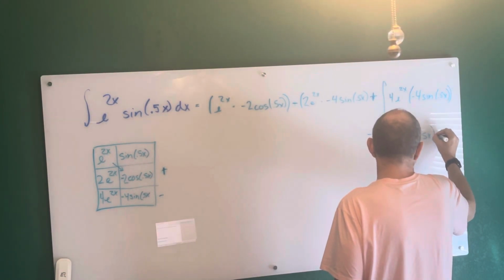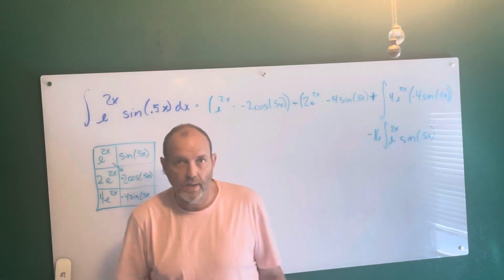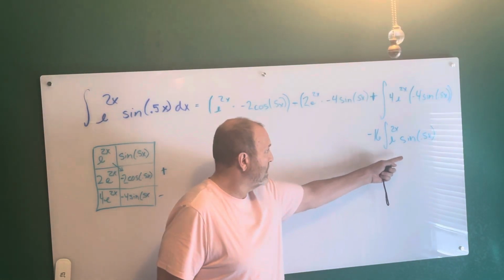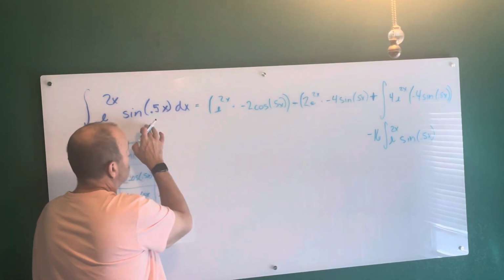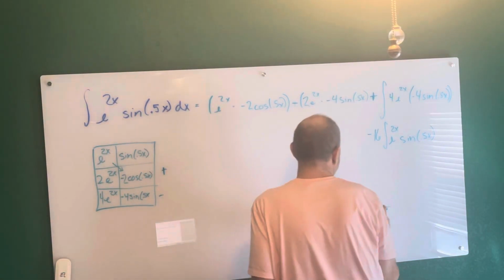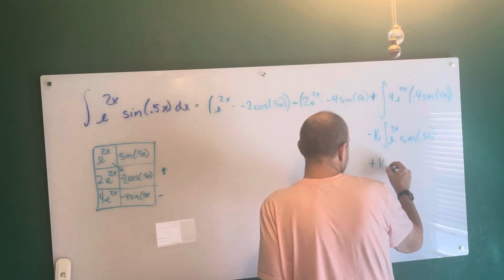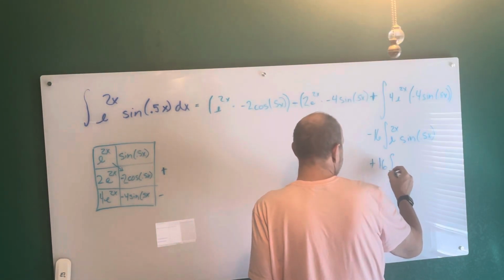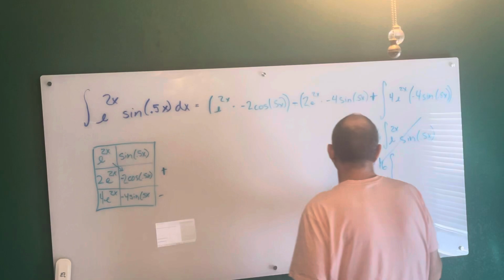of 0.5x. So now you see that there's 16 of these, and it looks exactly like the original integral because it is. So I'm going to add this 16 over here, and that'll cross these two out. That'll negate that.